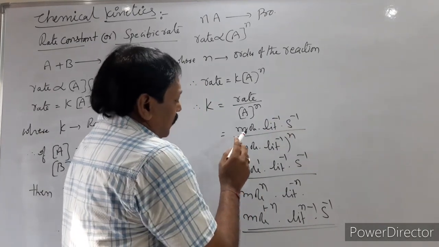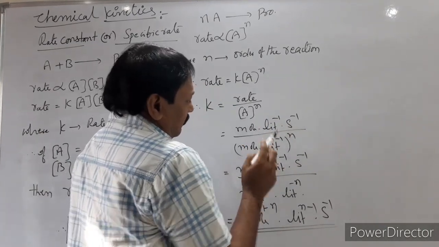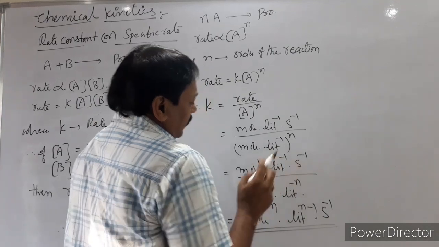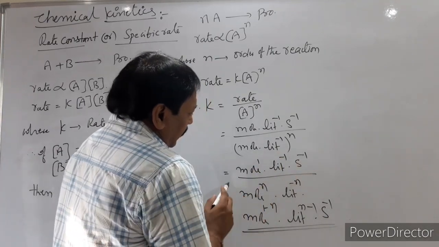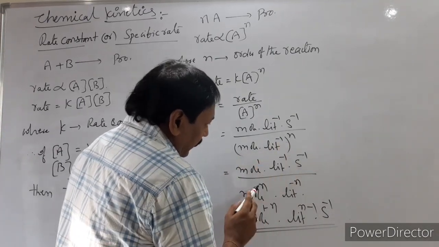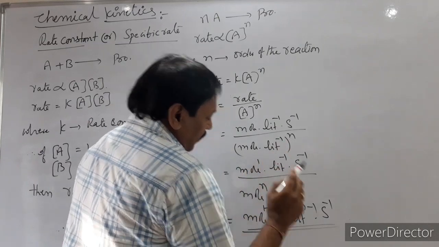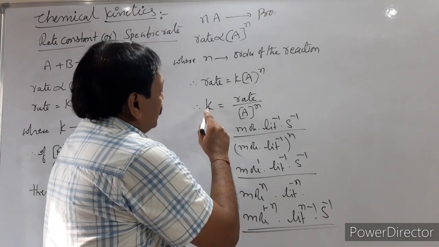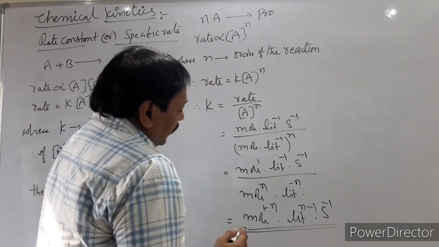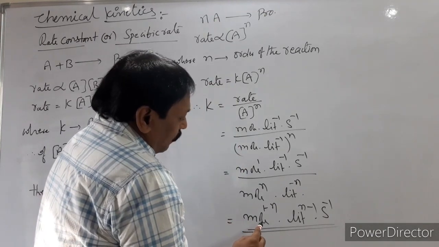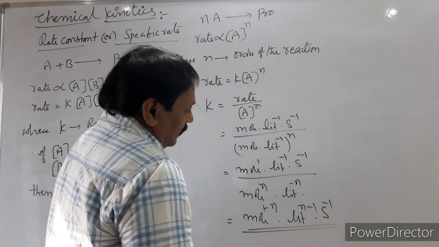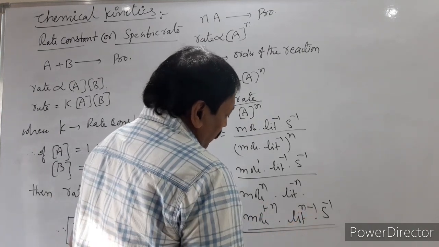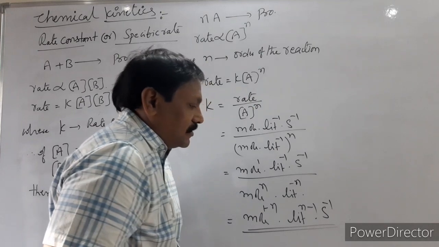Therefore, mole power 1, liter power minus 1, second inverse divided by mole power n, liter power minus n. Therefore, the units of the rate constant K of nth order reaction is mole power 1 minus n, liter power n minus 1, second inverse.